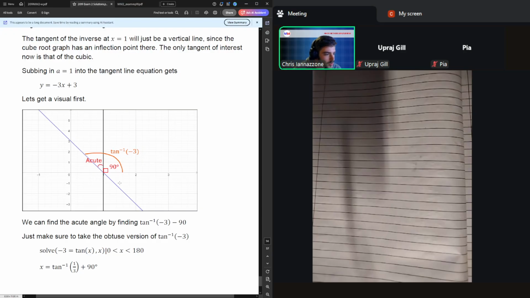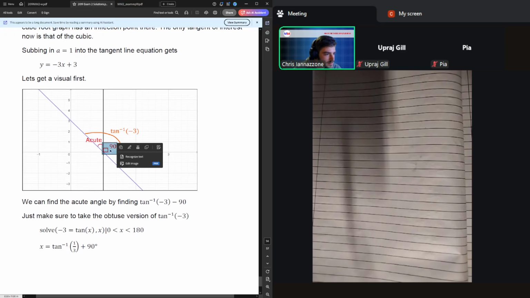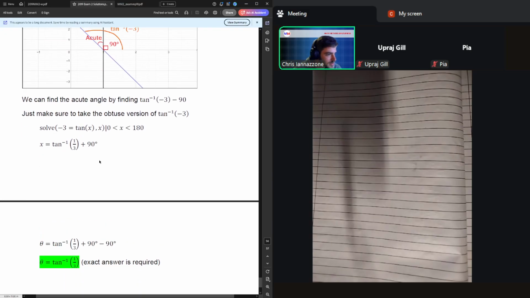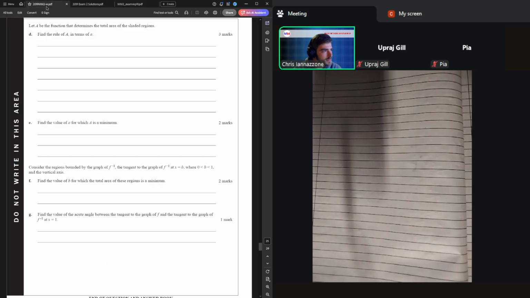So all in all, to get the acute part of that, you've got 90 taken up here, so whatever's left over is therefore there. And so yeah, that's pretty much it. They'll end up cancelling out, and so you get tan inverse of a third. Cool. Anything to clarify further there, let me know.